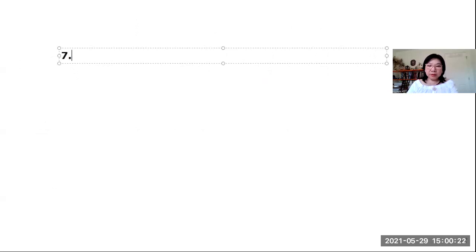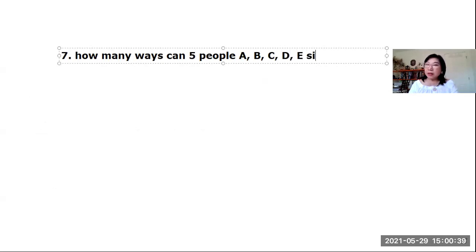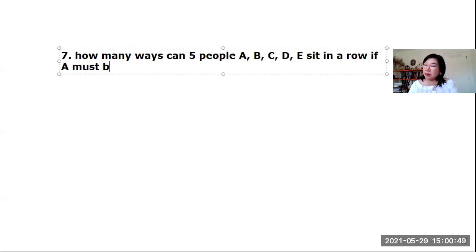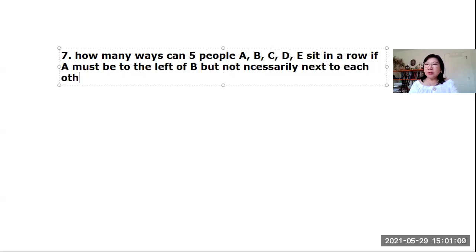Question 7 is, how many ways can 5 people A, B, C, D, E sit in a row, if A must be to the left of person B, but not necessarily next to each other?